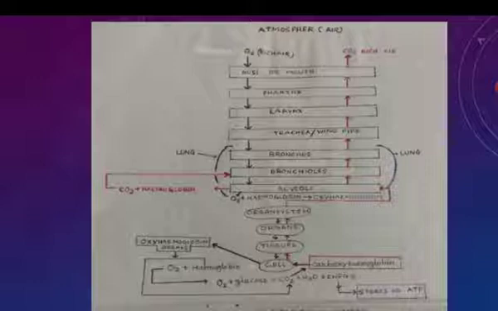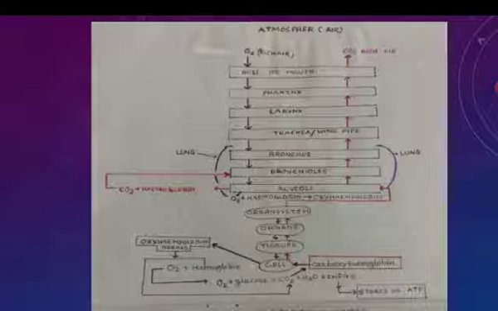Students, please listen very carefully. When the diaphragm goes down, the volume of the lungs increases, and at this time the ribs also expand. So the oxygen-rich air enters into the body through the nose or mouth.